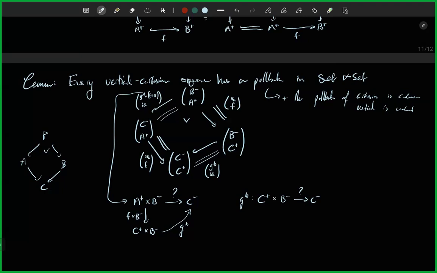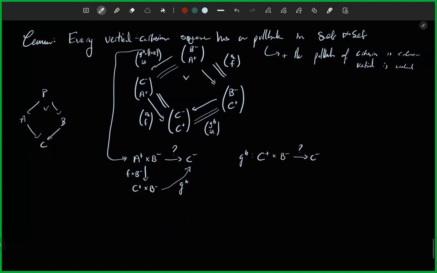Okay. So now what that means is we can actually take spans in this set times set, or not set times set, semi-direct product set, but where we're only going to use the left leg will always be vertical and the right leg will always be Cartesian. So what do I mean by that?